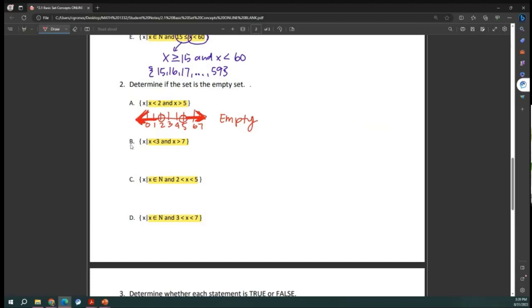All right. On B, we have that X is less than 3 and X is greater than 7. So kind of the same concept. So this is also empty. Does everybody see?